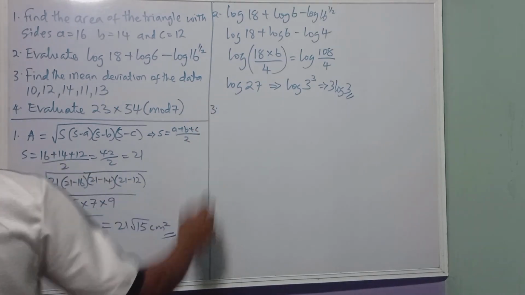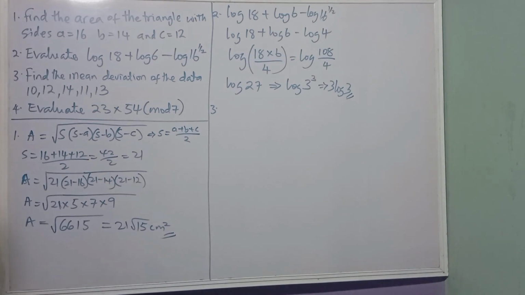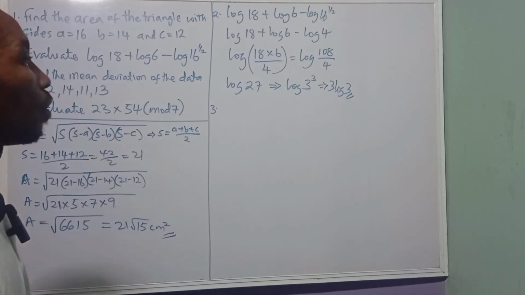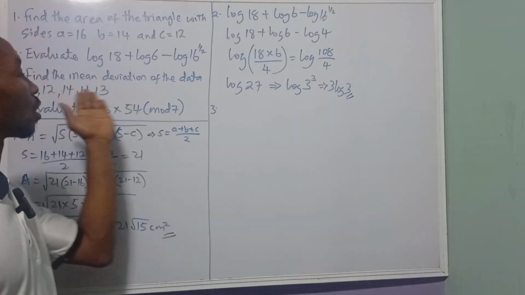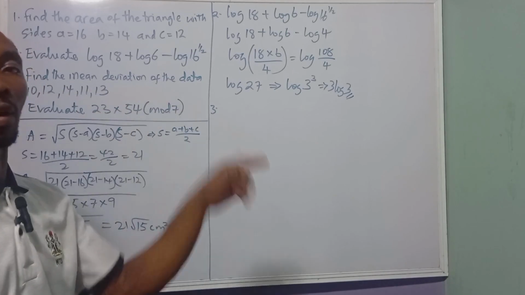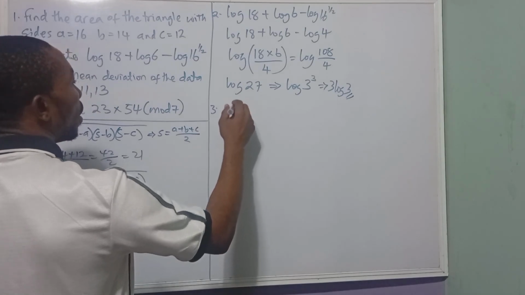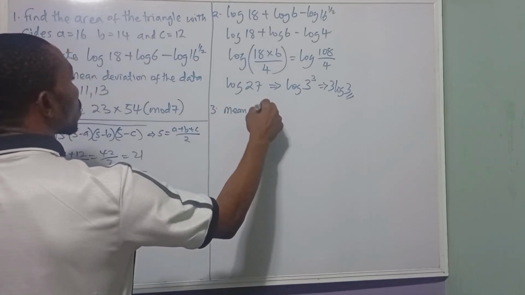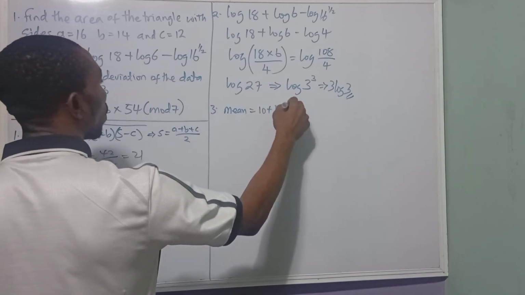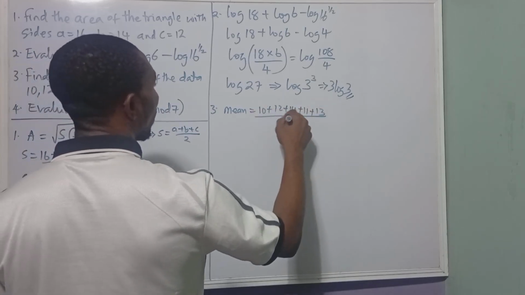Next one says find the mean deviation of the set of data. In order to find the mean deviation, we will first find the mean of the data, subtract it from each of these data, and divide our summation. So let's go. We have our mean equals 10 plus 12 plus 14 plus 11 plus 13 all over 5.